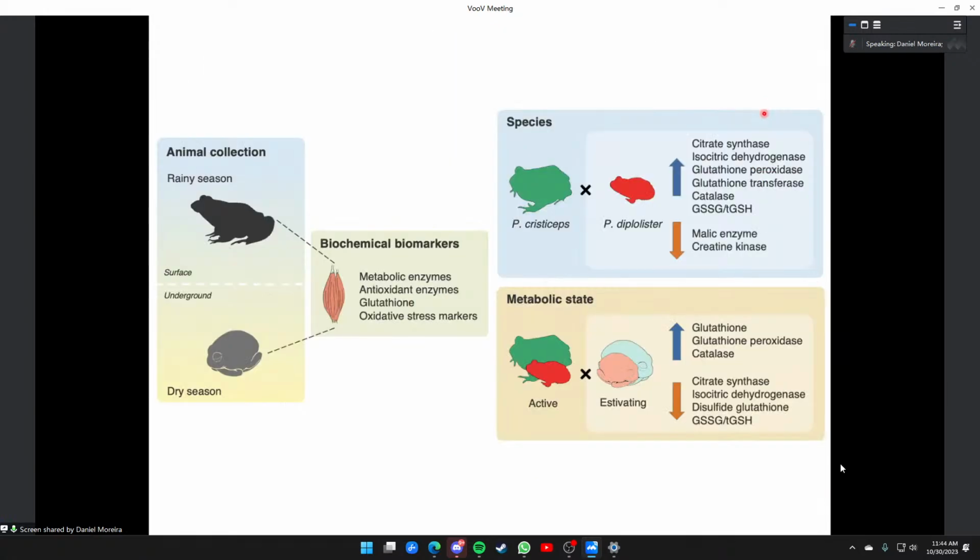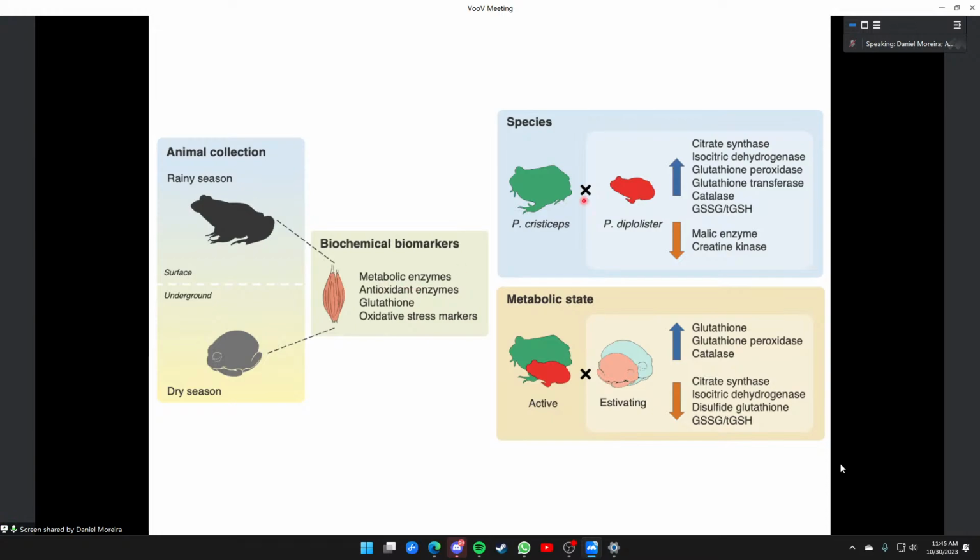So here is just to summarize, we compared animals from the rainy season, active animals, with estivating animals found underground. We focused on the skeletal muscle, more specifically the muscle around the femur, which was the region that yielded more material.